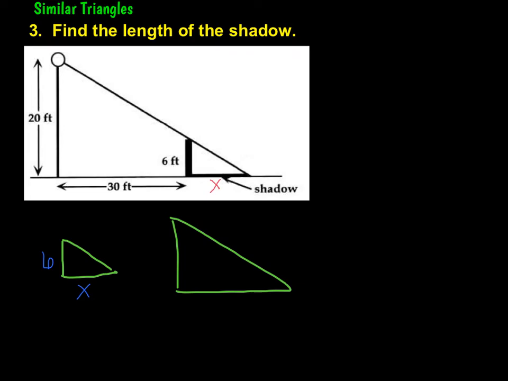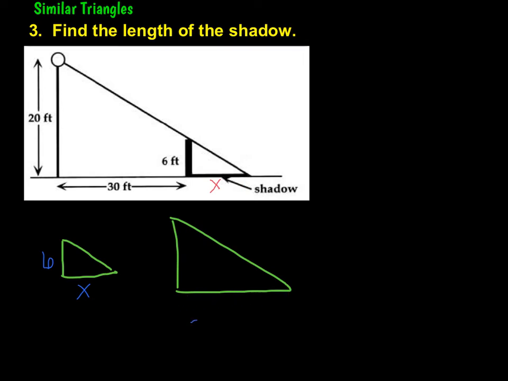Okay, now for the bigger triangle, we know that the height here is 20. And what about this length here? I don't just want to go from here to here. I don't just want to write 30. I need the entire length because that's the whole length of the bigger triangle.